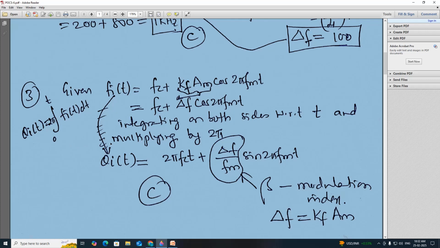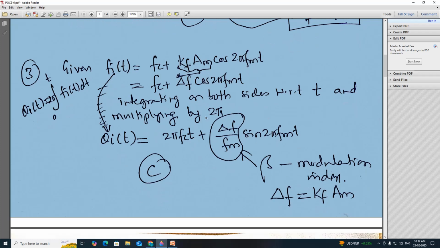What we have to do here is multiply by 2 pi on both sides and integrate on both sides. According to the definition of angle theta, the integration of f_i(t) multiplied by 2 pi becomes theta_i. The integration of fc becomes fc t, multiplied by 2 pi.